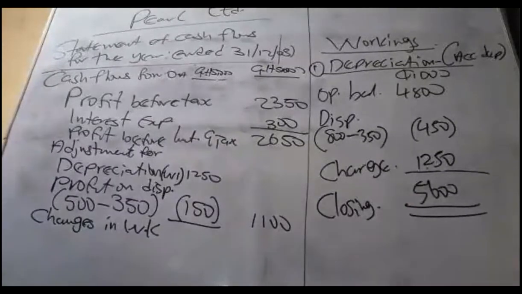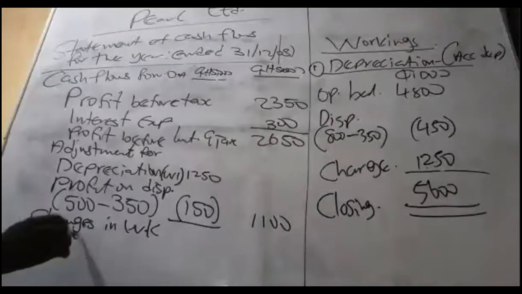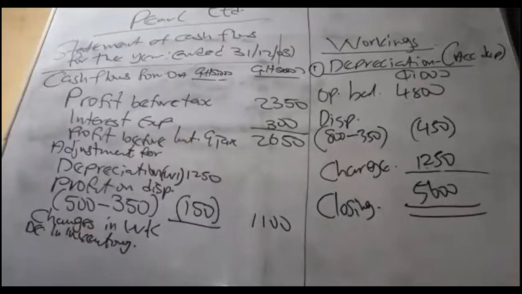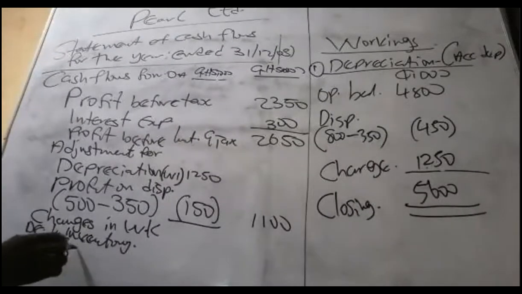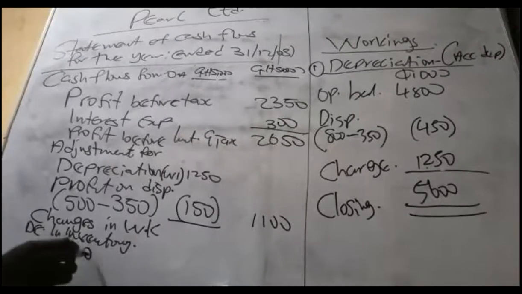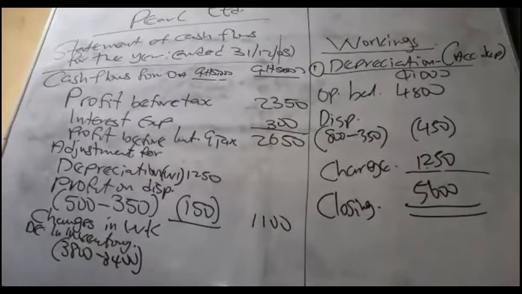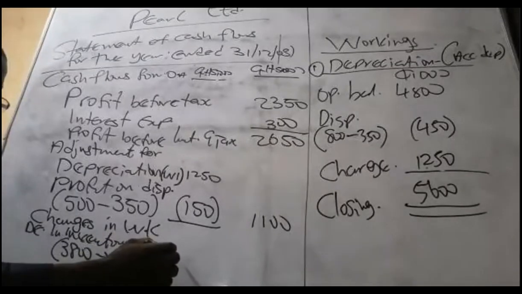So all you have to do is tell the examiner that there is a decrease in inventory. Open a bracket. Tell the examiner that it was 3,800 less 3,400, and throw the answer in. Answer will be 400.